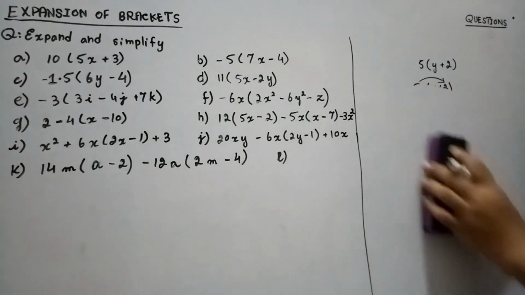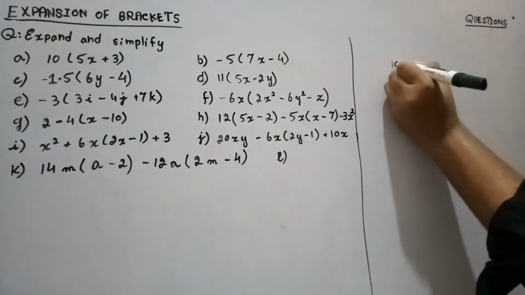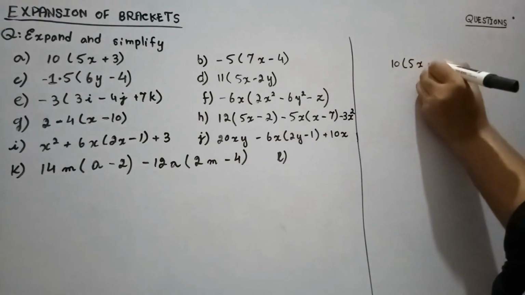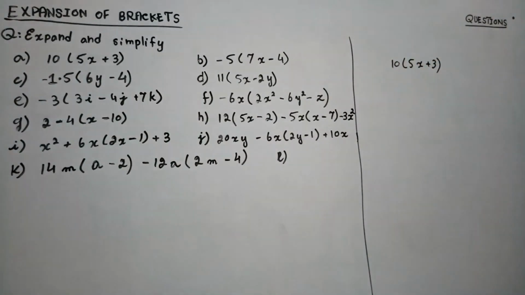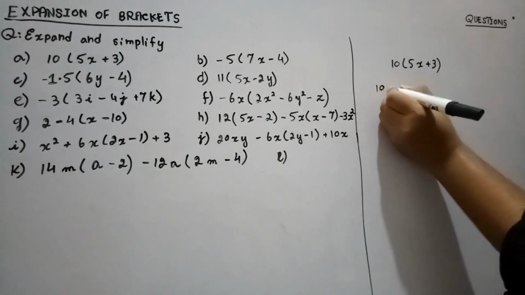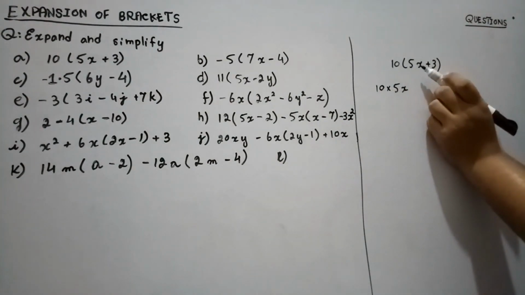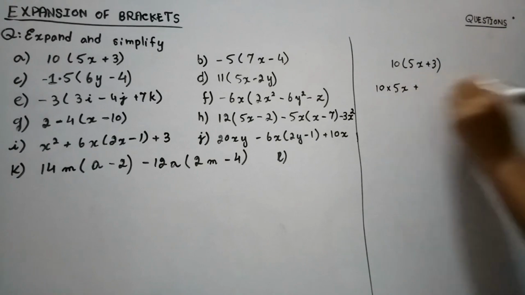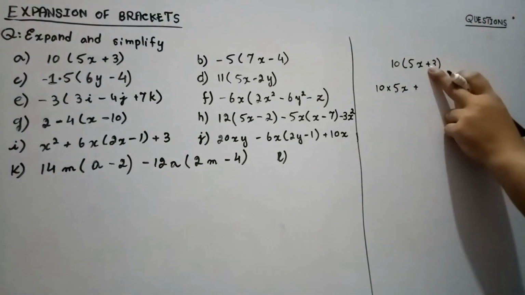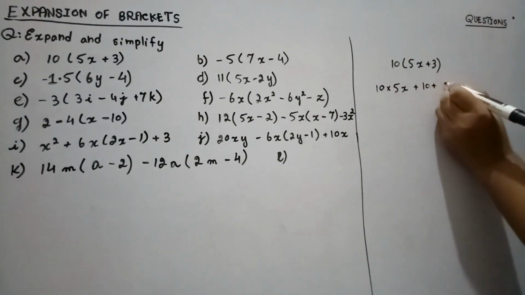I hope you are getting this, and you will be more clear if we go for the questions. So let's see our question. Our first part is 10 multiplied by 5x plus 3. What does this mean? This means that positive 10 is going to multiply with positive 5x, and then this plus sign as it is, and positive 10 is going to multiply with 3.